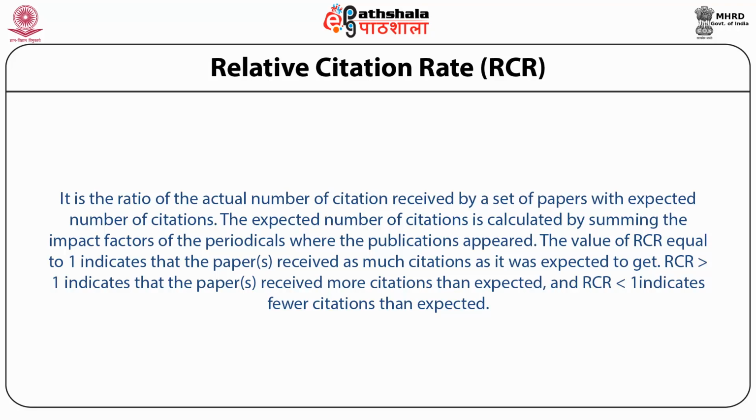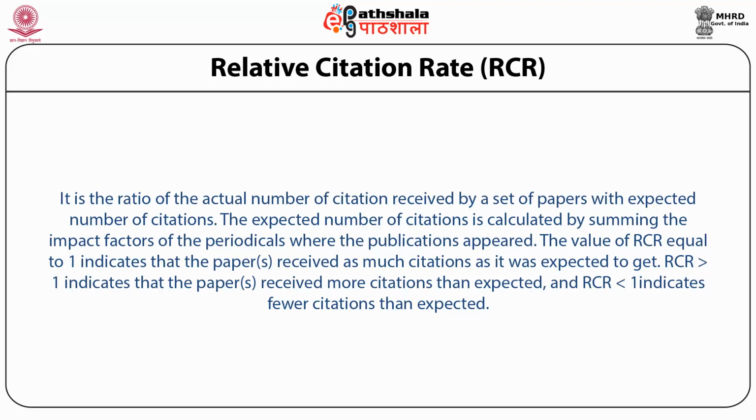The expected number of citations is calculated by summing the impact factors of the periodicals where the publications were published. The value of relative citation rate equal to 1 indicates that the papers received as many citations as expected.